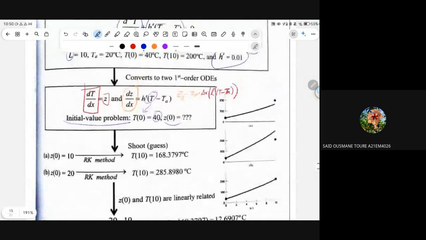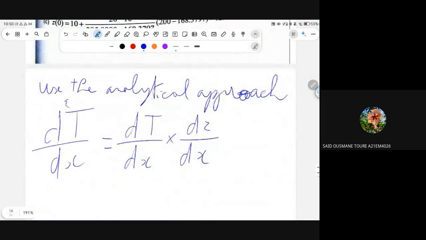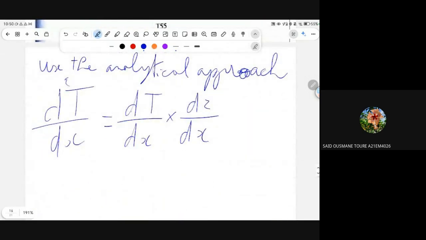That's what they are saying. Oh no, hold on. I'm getting confused. Okay.